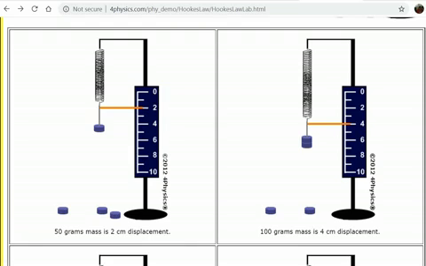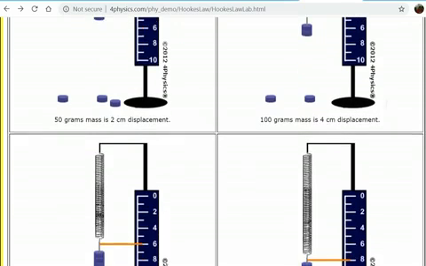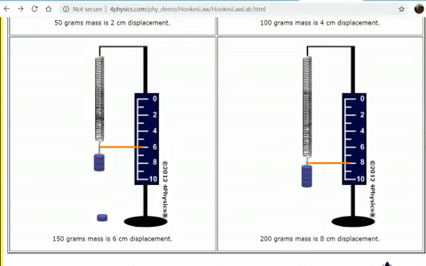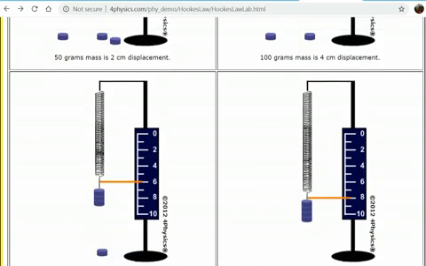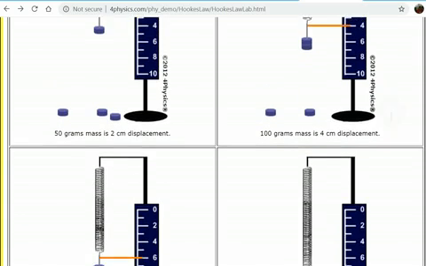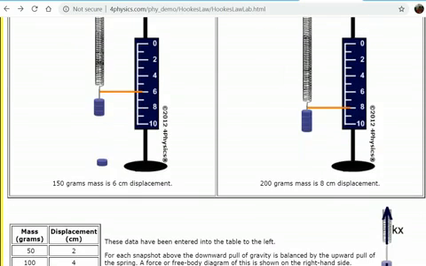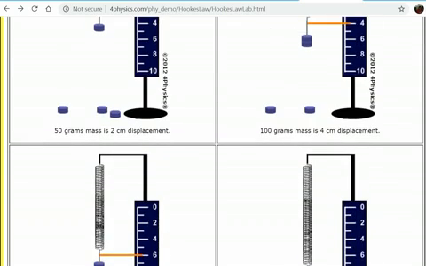Right, so we've been able to observe from the 4 diagrams that when the mass was 50 grams, the displacement was 2 centimeters. When the mass was increased to 100 grams, the displacement increased to 4 centimeters. 150 grams, 6 centimeter displacement. 200 grams, 8 centimeter displacement.